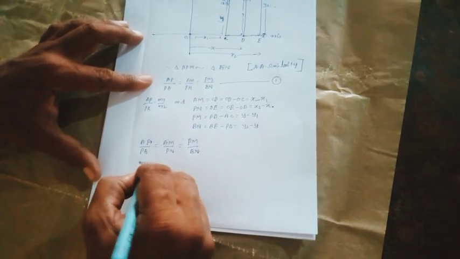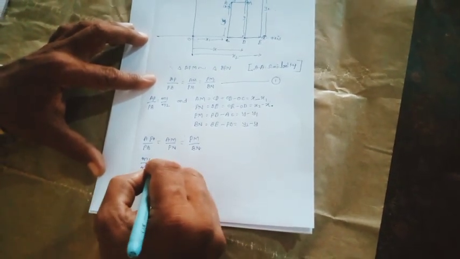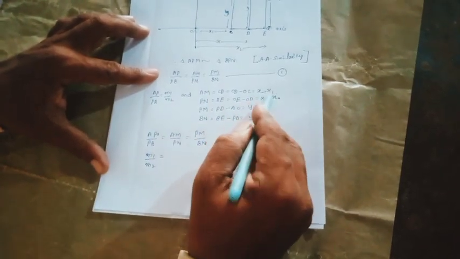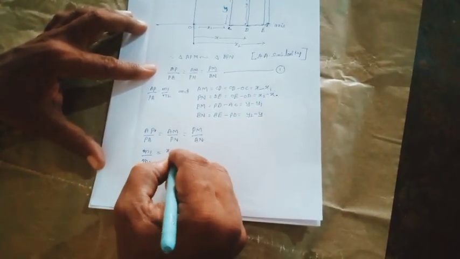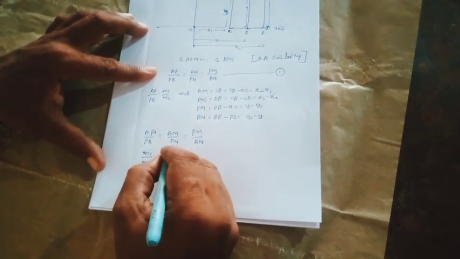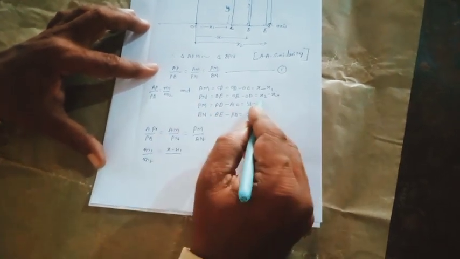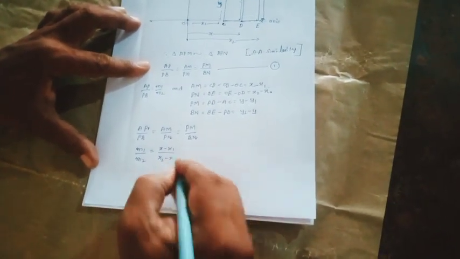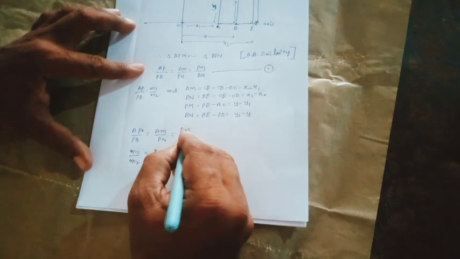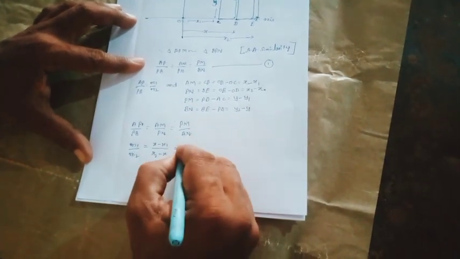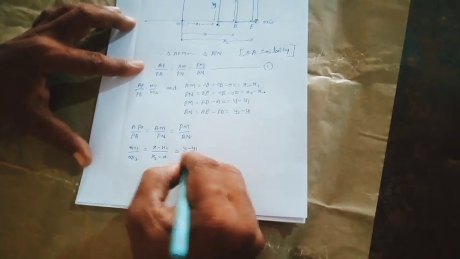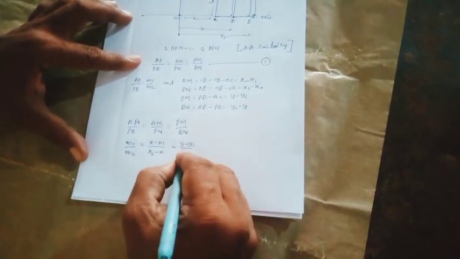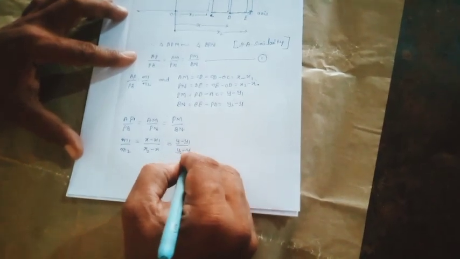Here M1 divided by M2 is equal to AM divided by PN, where AM is equal to X minus X1, PN is equal to X2 minus X. And PN is equal to Y minus Y1, and BN is equal to Y2 minus Y.